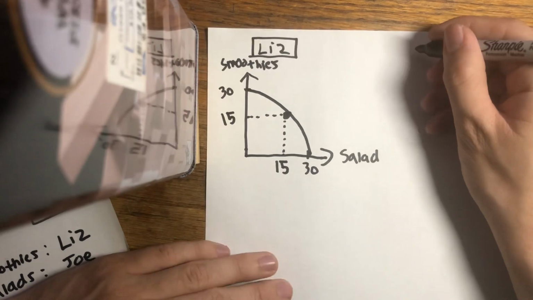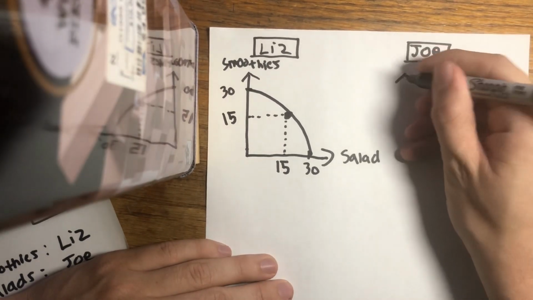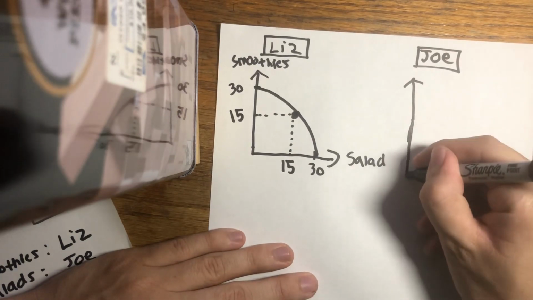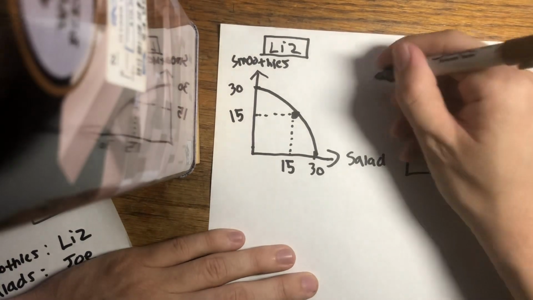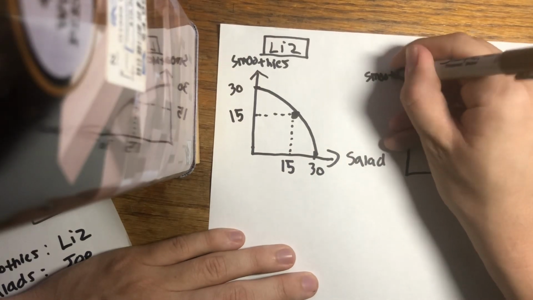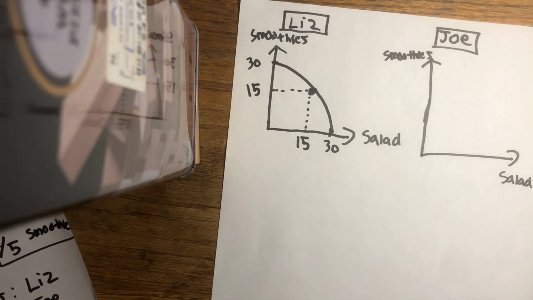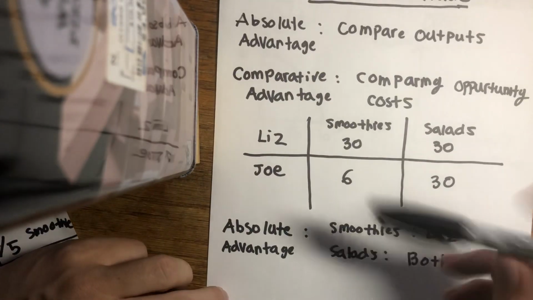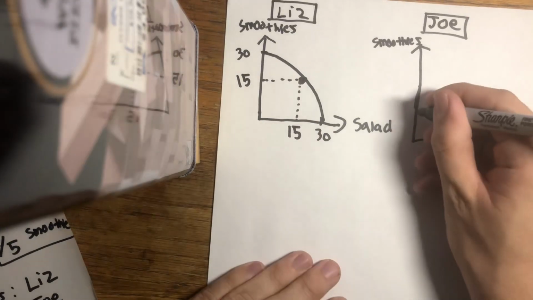Now let's look in terms of Joe. So drawing something very similar. We have salad and smoothies. Now, given from our first picture, Joe can produce six smoothies or 30 salads. So let's make those measurements here.